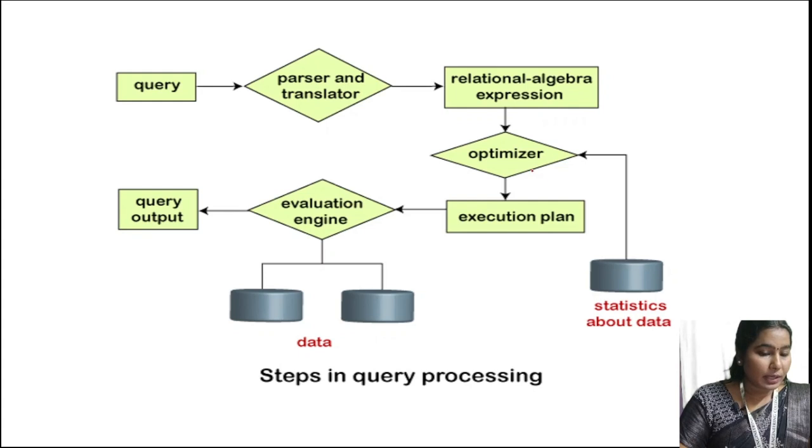The next one is statistics about the data, meaning data about the data. The system may also use statistics about the data, like the number of rows, number of indexes, or distribution of values.